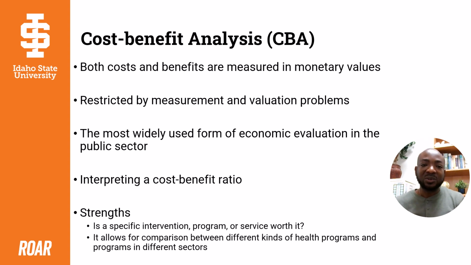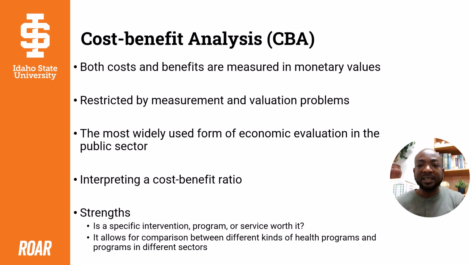And if the intervention costs more than the benefits produced, that is, there is a negative net benefit, then the intervention should not be carried out. The simple decision rule for cost-benefit analysis is that projects or programs should be introduced or expanded if benefits minus the cost is greater than zero.